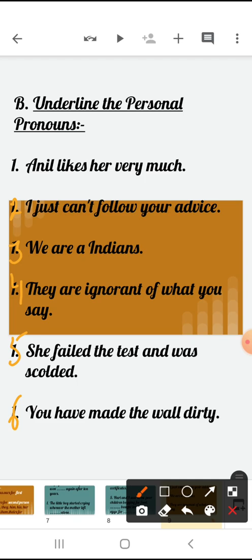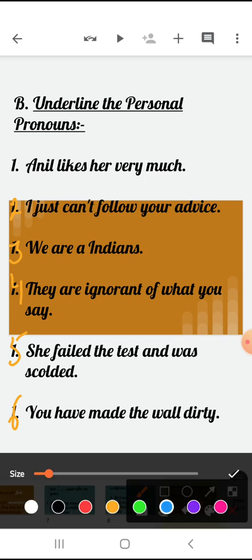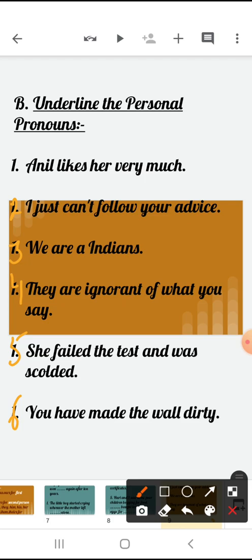Underline the personal pronoun. Here the personal pronoun is already written in the sentences. You only have to underline the word which you feel is a personal pronoun.